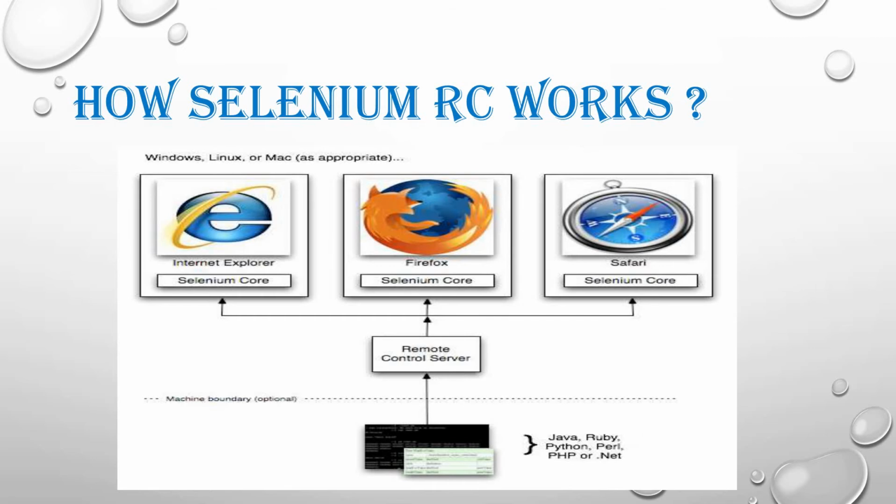Then at the end point we have different browsers like Internet Explorer, Firefox or Safari, and between them there is a remote control server. So it is acting as an intermediate, and it is creating a communication between the browser and the code that was written by us to test a web application.